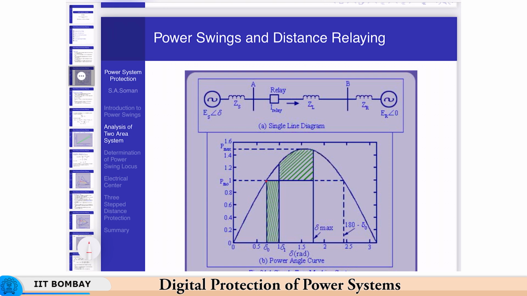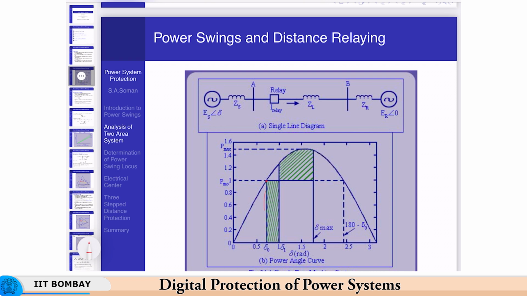Okay. And then this area, which is the rectangle between Pm and 0 and delta naught and delta 1, is known as the accelerating area, because that is the input available to the rotor to accelerate.